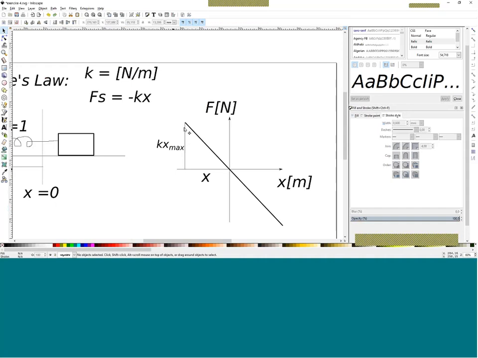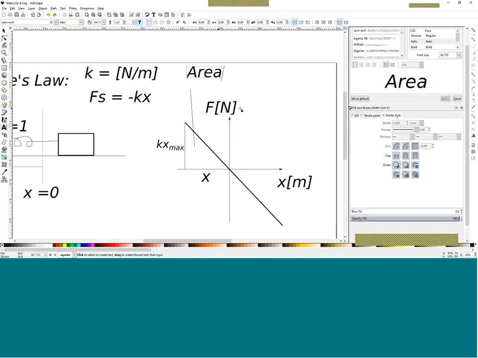And I can determine that the area underneath from here to here, the area is 0.5 times the base times the height, a triangle, times x squared.